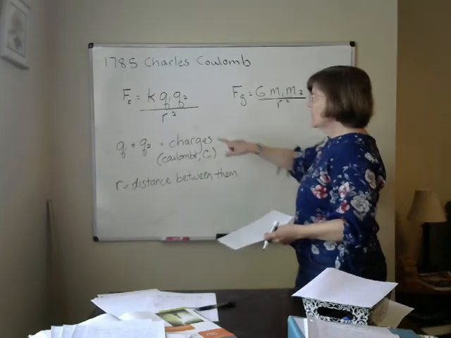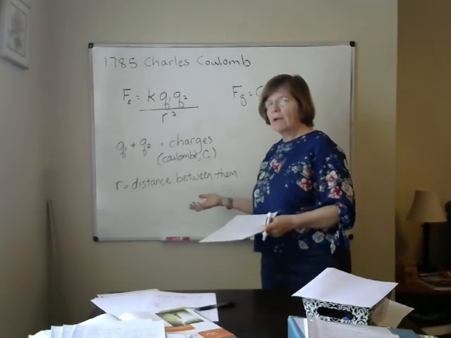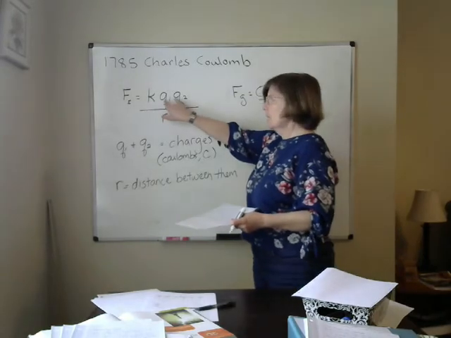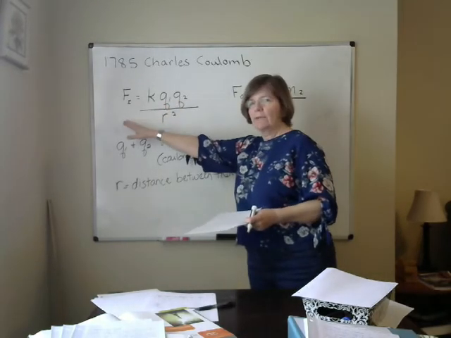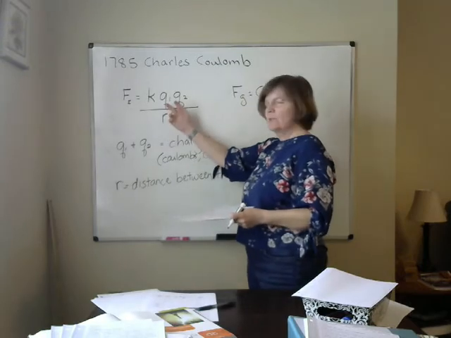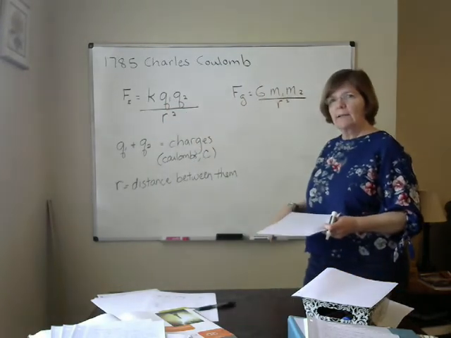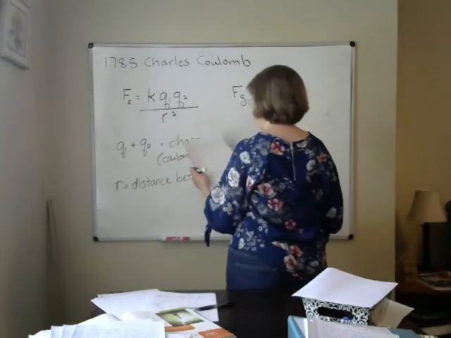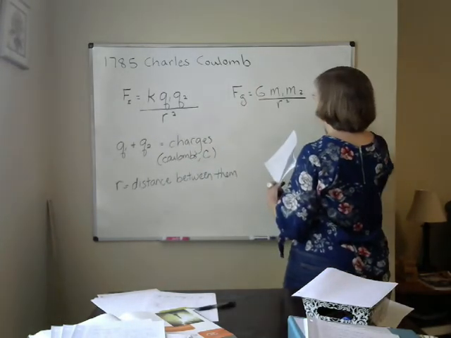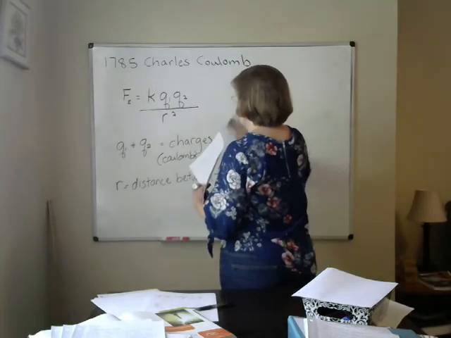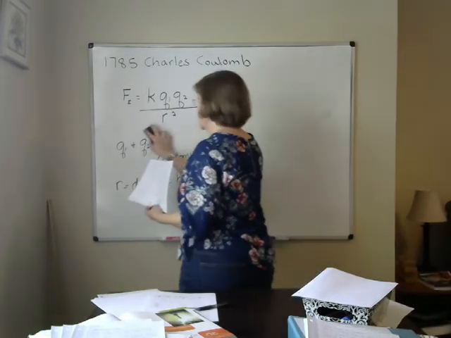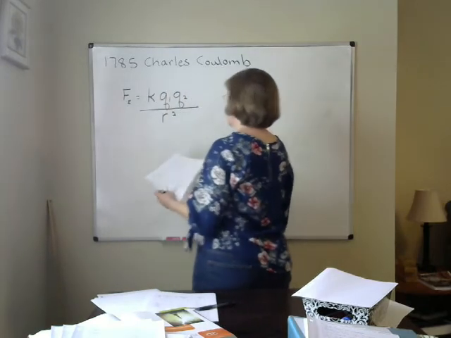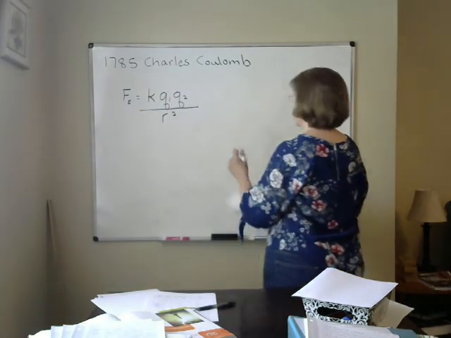We're not going to worry when we put in Q1 and Q2, we can just put in positive numbers. But we know that when these two signs are opposite, that's an attractive force. When these two signs are the same, that's a repulsive force, okay? We'll leave this for a minute because we're going to talk about it quite a bit. So let's suppose we have two charges.